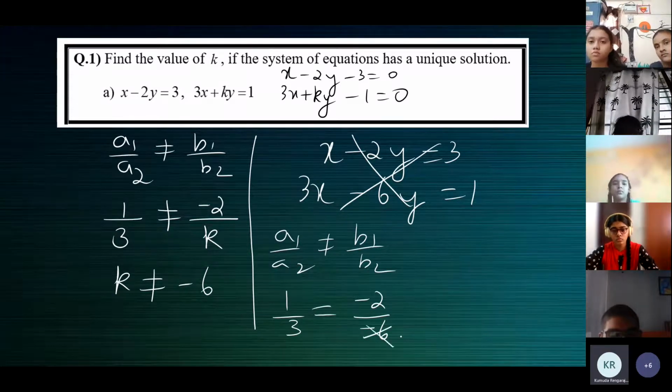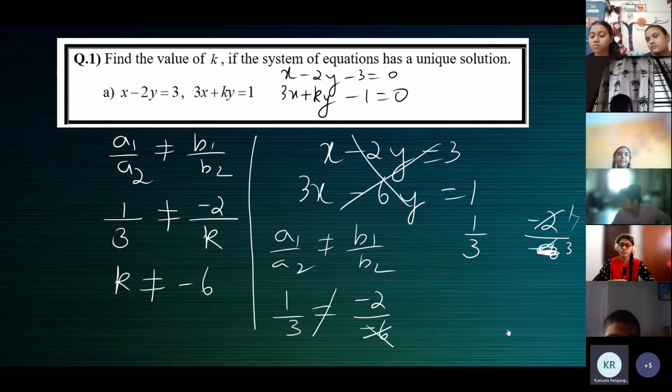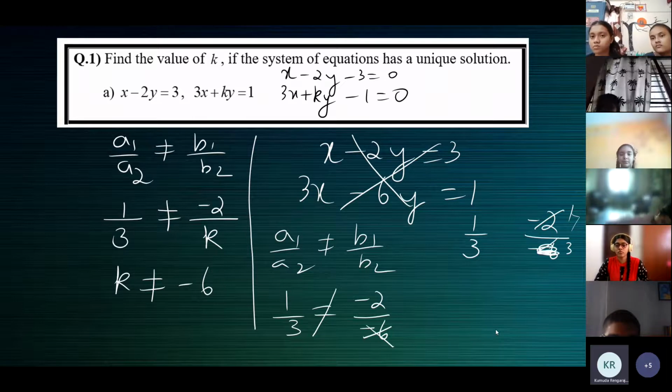If b2 is not minus 6 and is something else, then it will always be not equal. If b2 is minus 6, then only you will get 1 by 3. Supposing it's something else, you will not get 1 by 3, you will get something else. That means a1 by a2 will not be equal to b1 by b2.